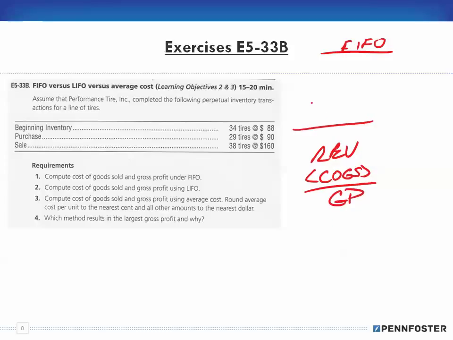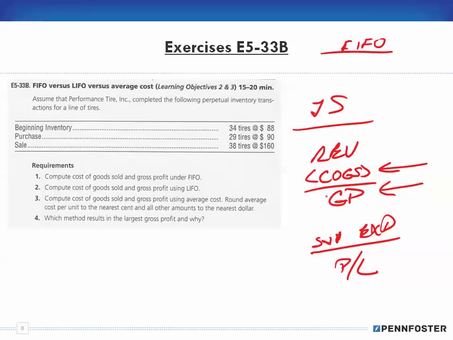Remember, this is all on the income statement. And then from our gross profit, we take out our selling and admin expenses to have our profit or loss. In order to get that, we have to calculate the cost of goods sold and the gross profit, and we also have to know how much we're selling.